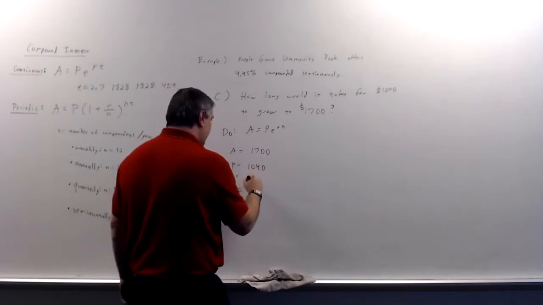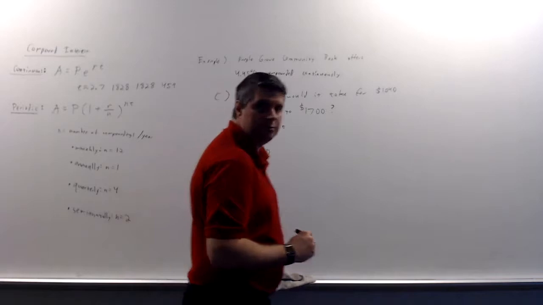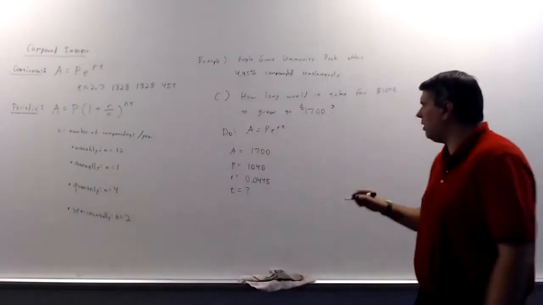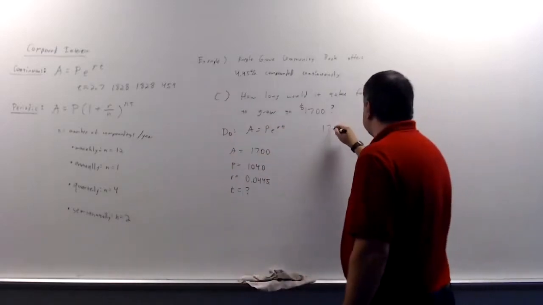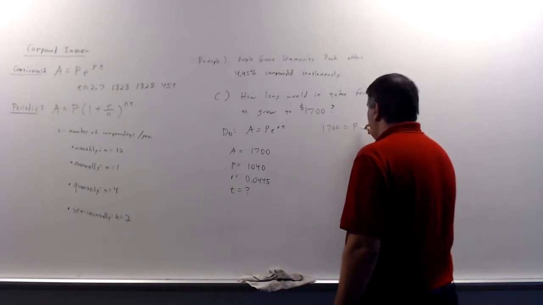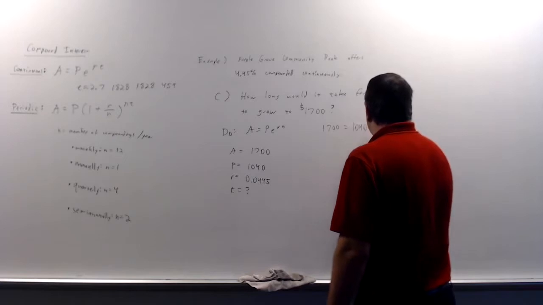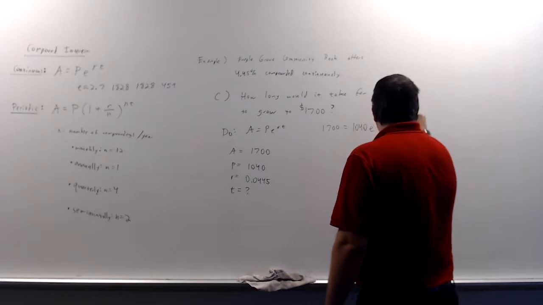The rate is 0.0445, and T is unknown. Okay, that's the question. So I want to know, when will 1,700 equal P, 1,040 times e to the 0.0445 t power.